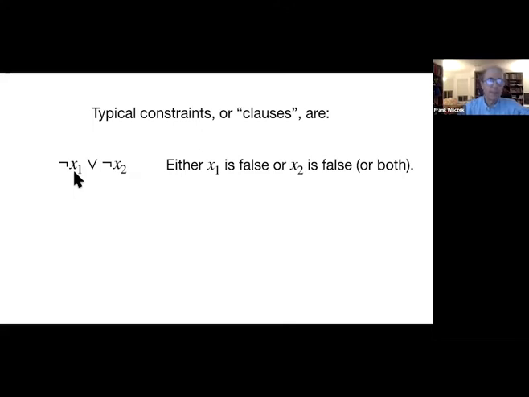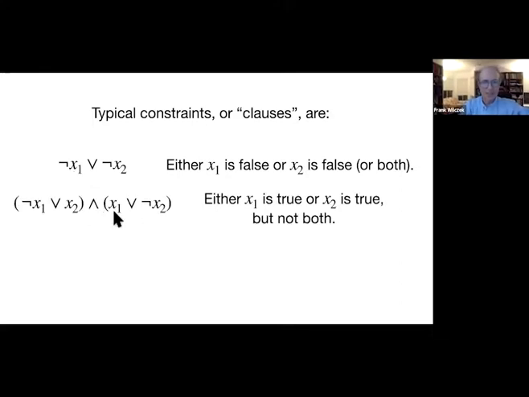I invite you to make examples of this kind of thing. I'll keep it abstract in the interest of saving time. Another clause is either x1 is true or x2 is true, but not both. So this symbol means not, this symbol means or.